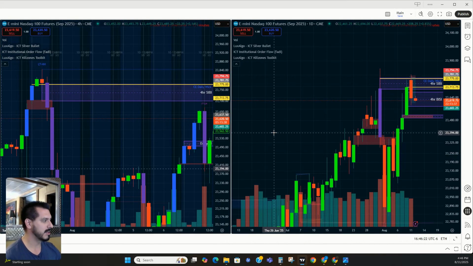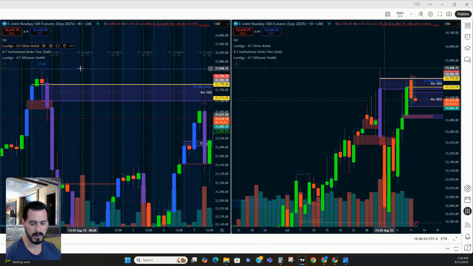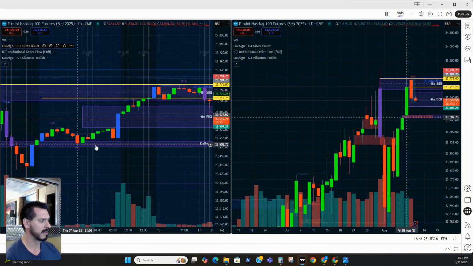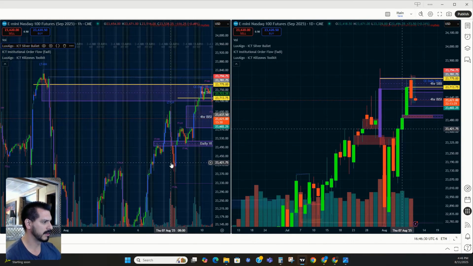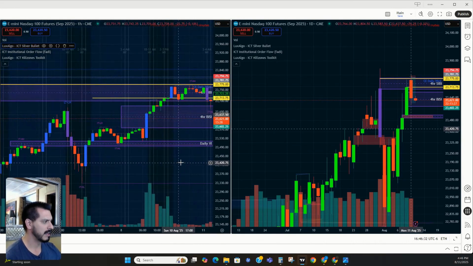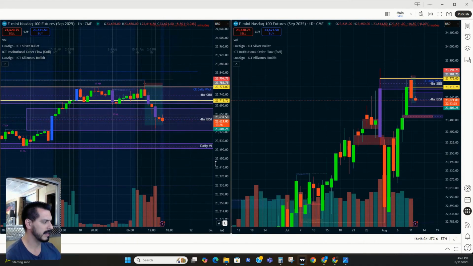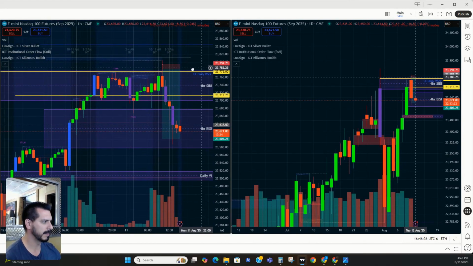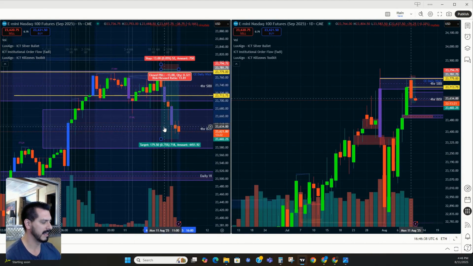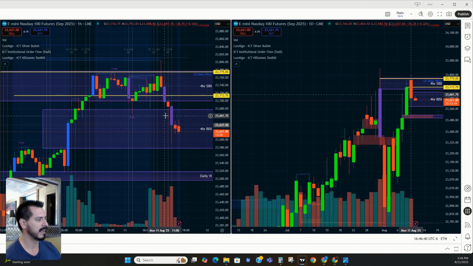Noticed on the 1 hour, I'm going to switch the 4-hour to a 1 hour and keep my drawings in there. And there it is. This wick right here was the indicator for the potential of a trade setup.